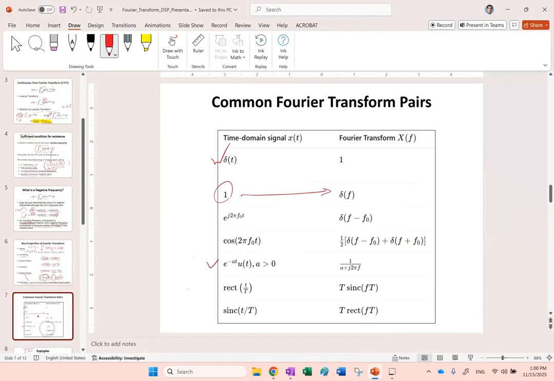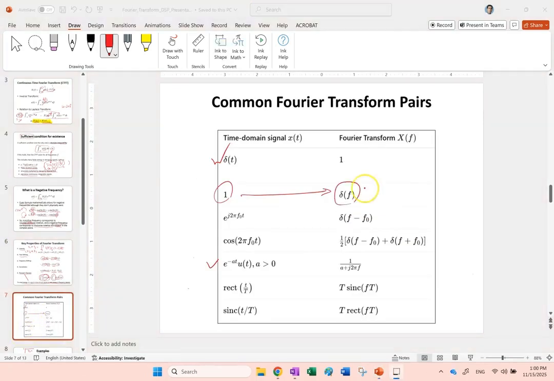Now pay attention that delta function is not any traditional function. This function does not physically exist. This is a function, the magnitude of which goes to infinity at 0, and everywhere else it's 0.